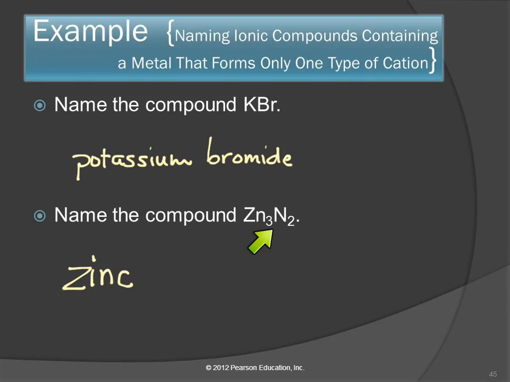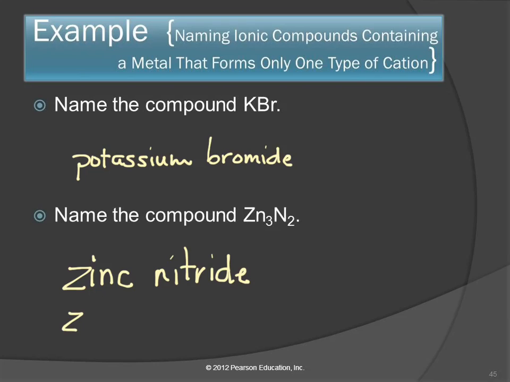We don't need to do anything with this number 3. We're just looking at the element symbols. N is for nitrogen. Nitrogen changes the ending of its name when it hooks up with zinc. Nitride. This is zinc nitride. We don't need to specify what these numbers are because if we have the name and we're writing the formula, we do it based on the charges.